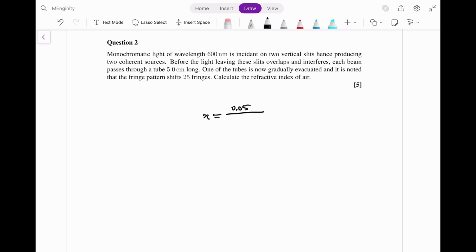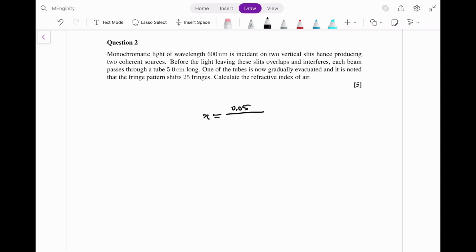So, wait, there's actually a problem. It says 600 nanometers, but is it the wavelength in vacuum or in air? It wants us to calculate the refractive index of air, so I assume that it's the wavelength in the vacuum. I think that would be a viable approach.